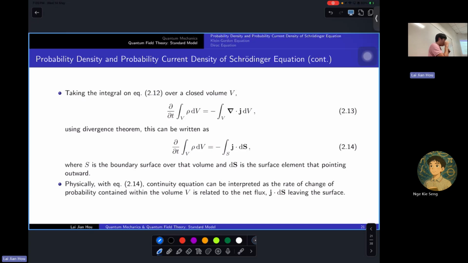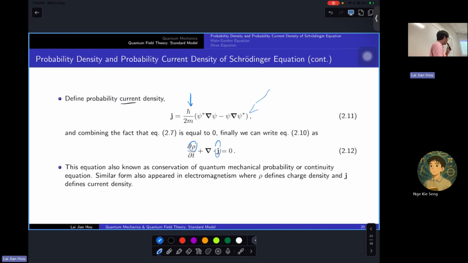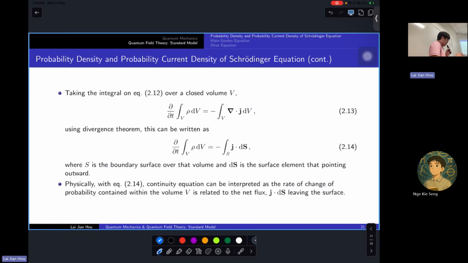Because if you think of the probability density and the probability current as the EM charge and current, and you write the continuity equation, equation 2.1, in the form of an integral over the closed volume using the divergence theorem, you can see that this expresses the current flux leaving the surface, because it's equal to the negative of the flux.